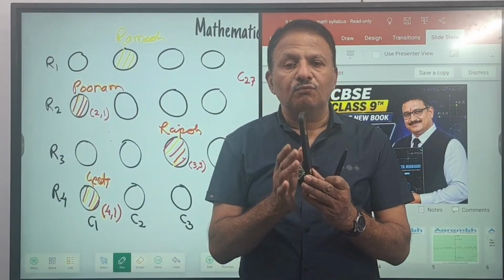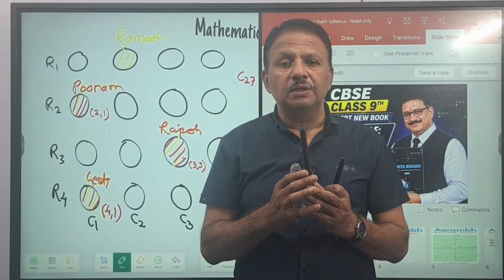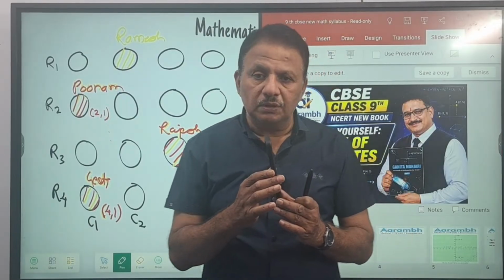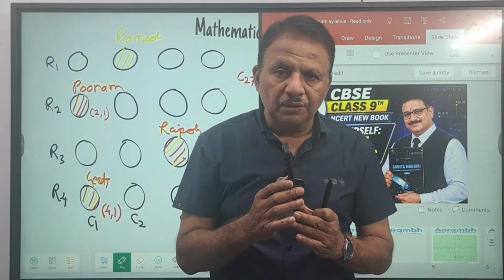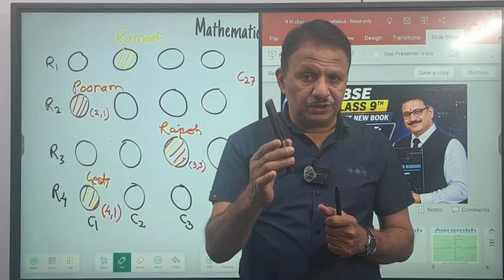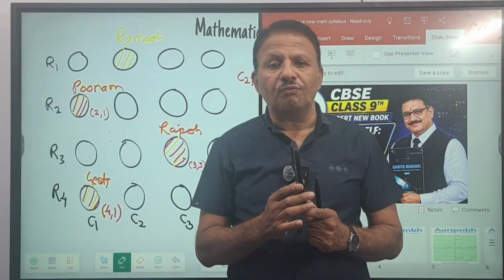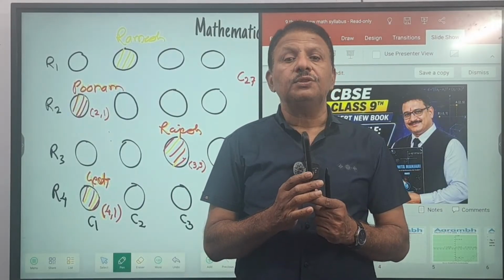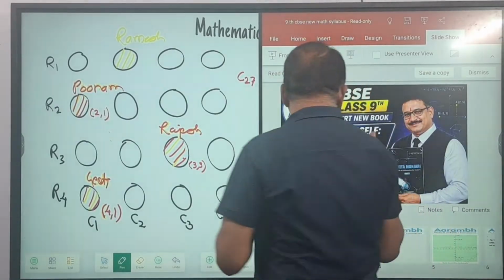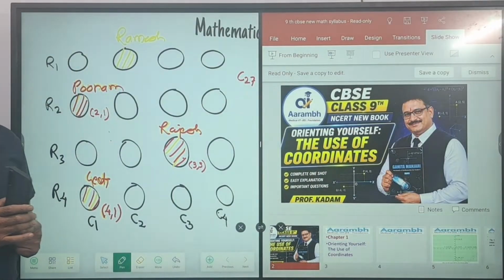At that time, we have to use a new geometry called three-dimensional geometry. The use of three-dimensional geometry is to find the location of an object in space, while the use of two-dimensional geometry is to find the location of an object in the given plane. As per your syllabus, we have to study two-dimensional geometry.